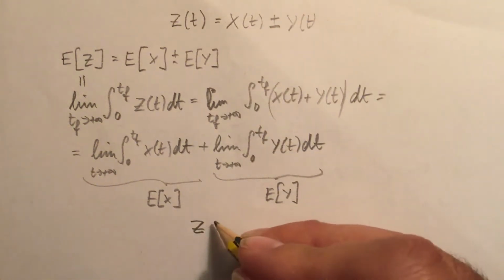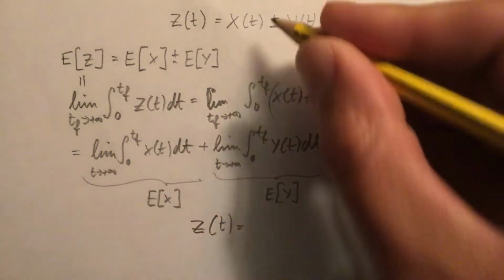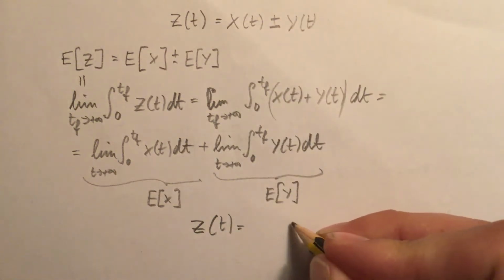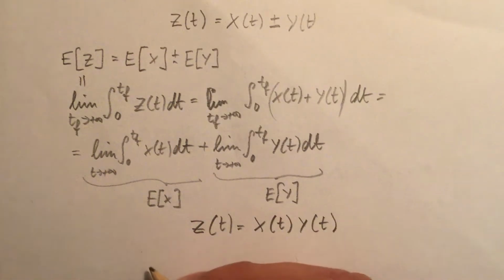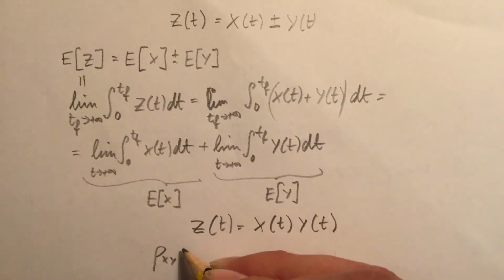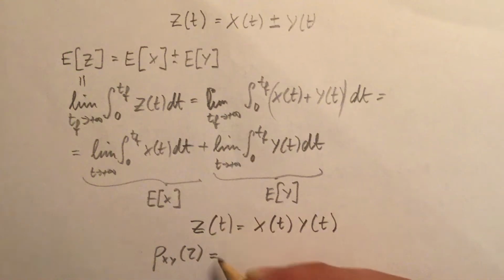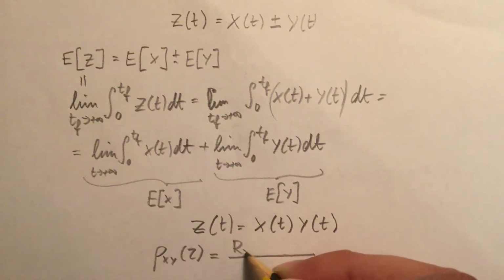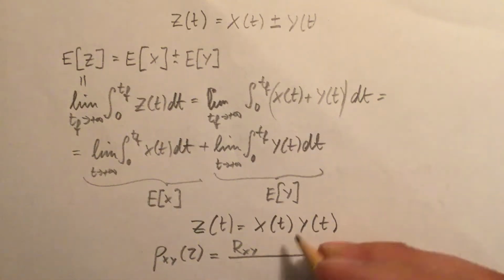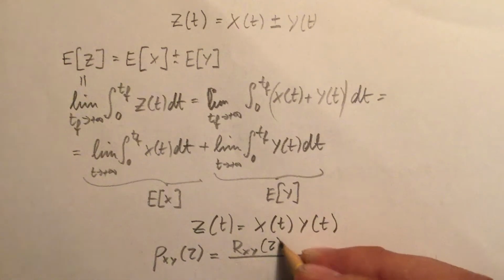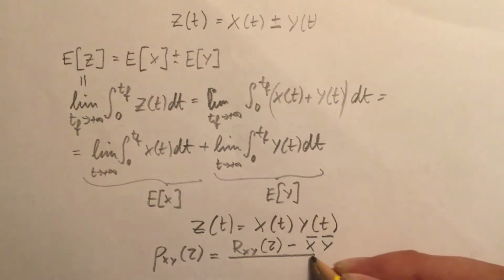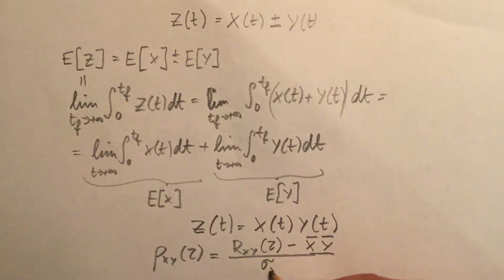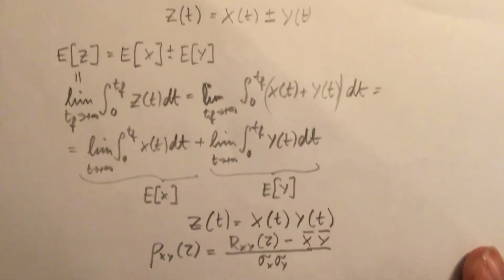What if z is obtained from x and y not by adding or subtracting the signals, but by multiplying them? We remember that by definition, the cross-correlation coefficient of x and y is given by the cross-correlation of x and y minus the respective mean values or expected values divided by the standard deviations.